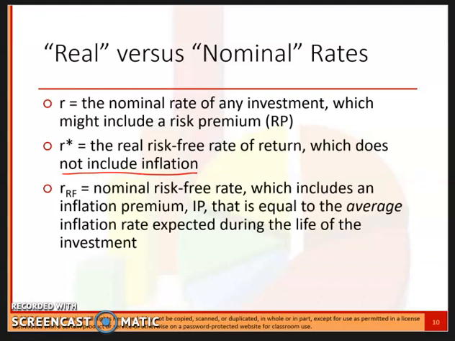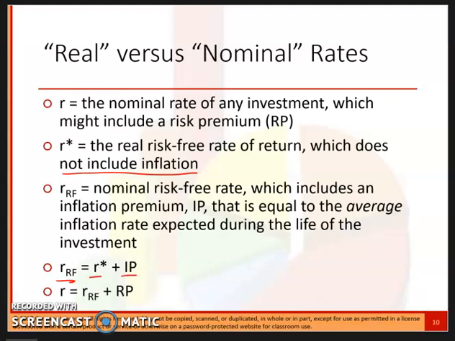And then r sub RF is our risk-free rate. The nominal risk-free rate includes an inflation premium and the real risk-free rate. So the nominal risk-free rate is equal to the real risk-free rate plus the inflation premium.